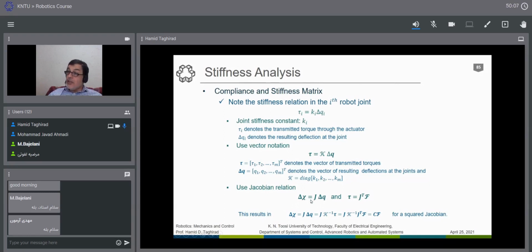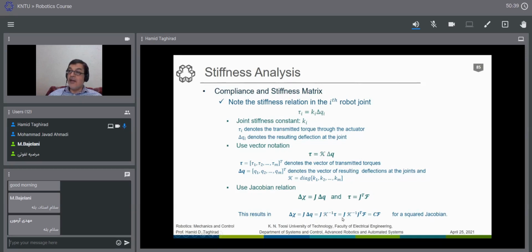So if we use these two relations, now we can put everything into the frame of task space. Instead of delta x, I can say delta x is equal to J delta q. So what about delta q? Each delta q is related to a tau with a K inverse. So the total K inverse would be this for the Jacobian case.